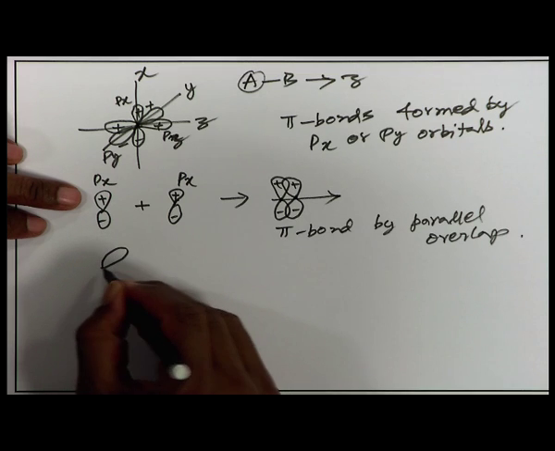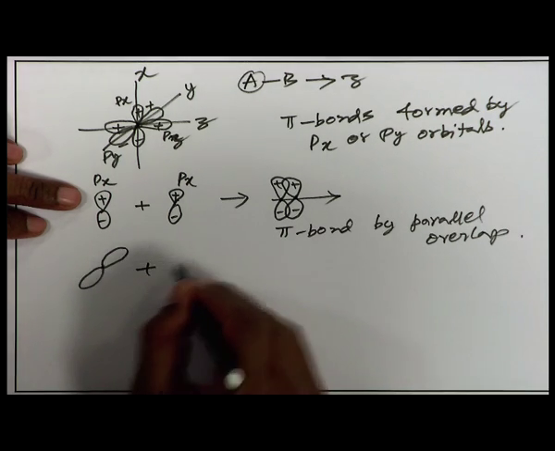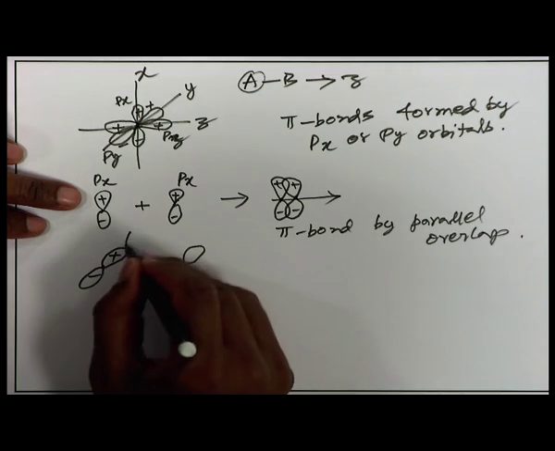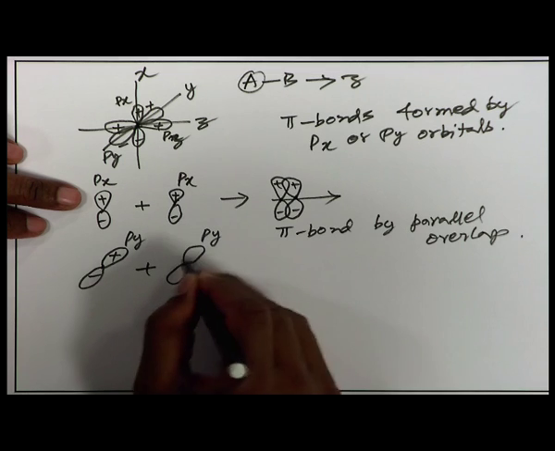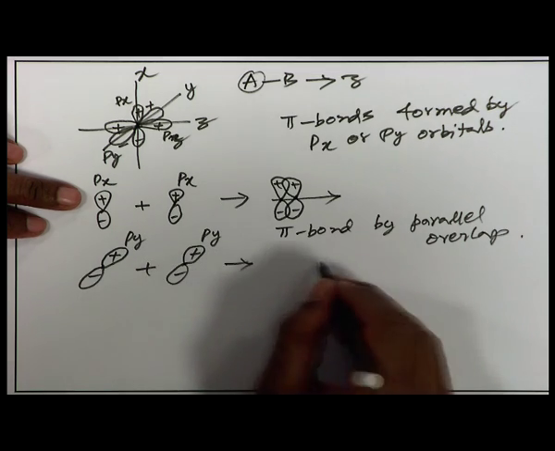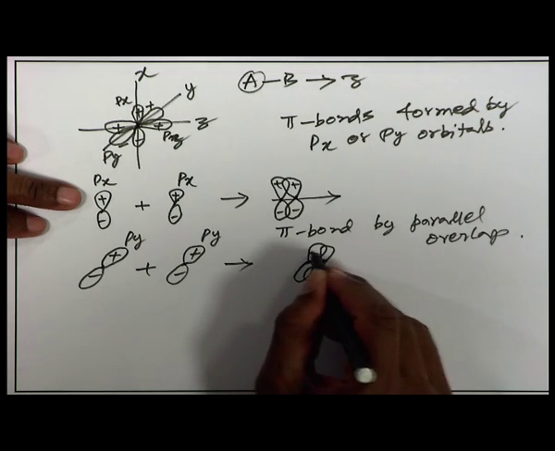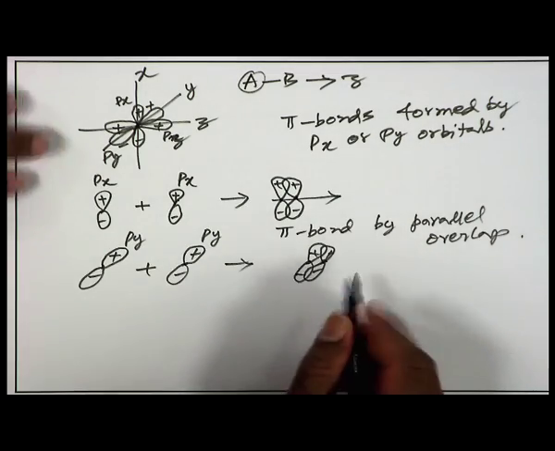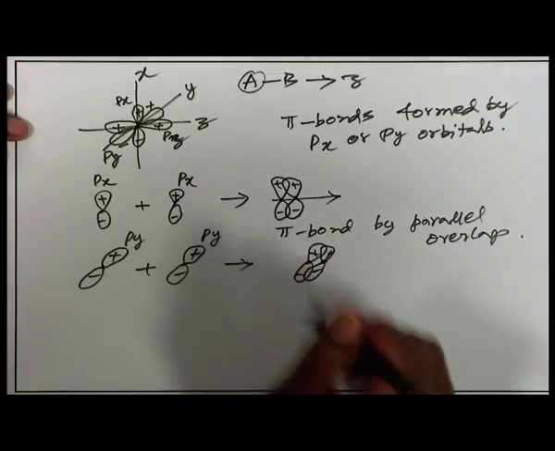So, let us say it is oriented in this way. This is plus, this is minus, and then there is a py orbital. Here they can combine to form pi bonds of this type. So, this is again a pi bond formed by py orbitals, and this is by px orbitals.